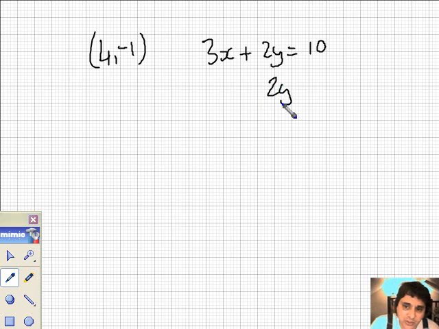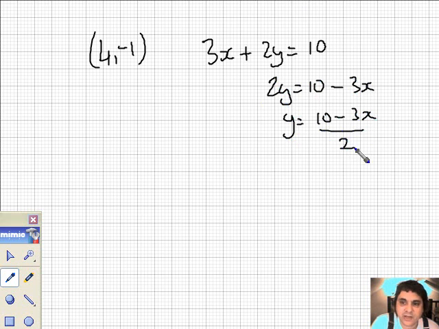So how about starting with 2y equals 10, minus 3x. And so y has to be 10 minus 3x, divide it all by 2. And so y is going to be 10 divided by 2, 5, minus 3 over 2, minus 1.5 lots of x. So this is the equation equivalent to this rather neat looking thing, but at least it's in the form of y equals mx plus c.